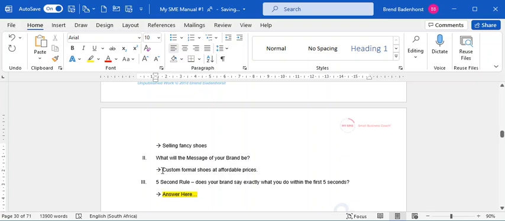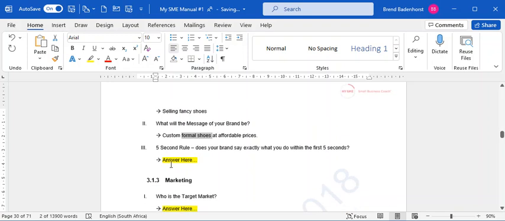The market research showed me that there's a huge market looking for formal shoes, and this has literally changed the lingo in my business, because that's what the market research says. And then the 5-second rule: my brand needs to say exactly what I do within the first 5 seconds. So I'm going to say, yes, I understand the concept.